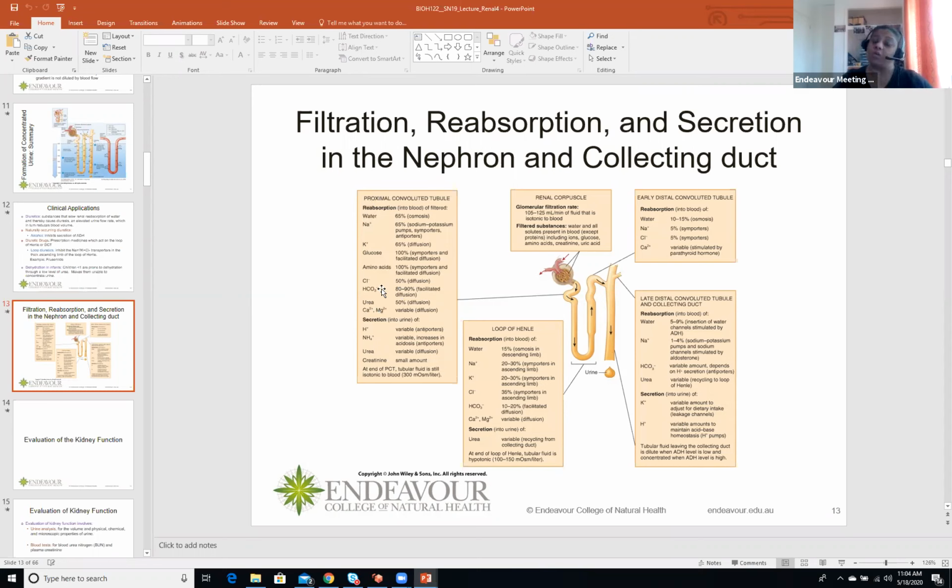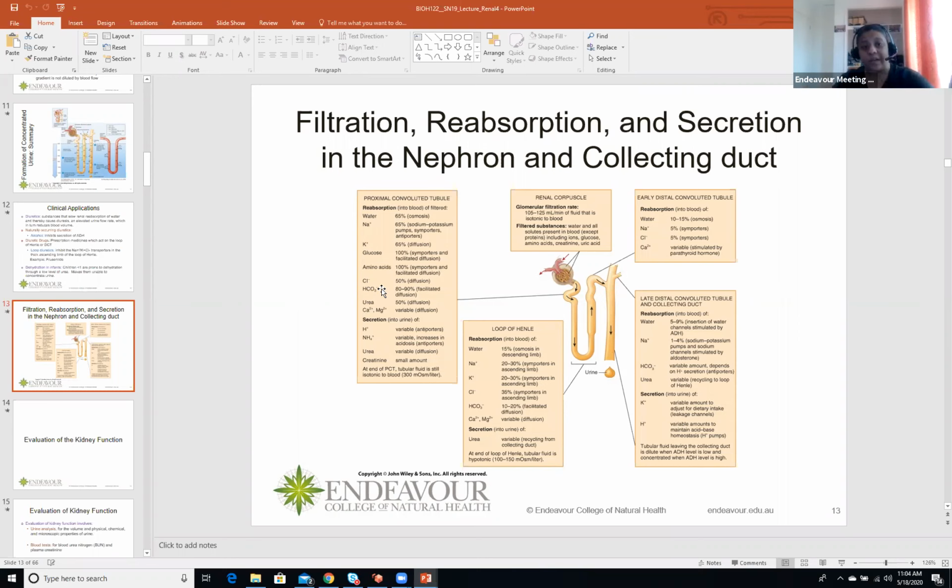Okay, 100% of glucose and 100% of amino acids are also reabsorbed in the proximal convoluted tubule. Why is it important to note this? Because this reabsorption, the amount of things taken back into the peritubular capillaries, will decide the osmolarity gradient, that is the difference between the concentration of solutes inside the filtrate and the concentration of solutes in the peritubular capillaries.